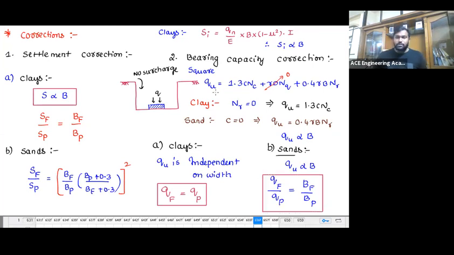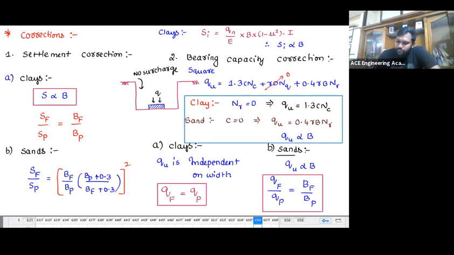So if you observe, bearing capacity correction: in the case of clays, N gamma is equal to 0 and qu is independent of width. And in the case of sands, c is 0, so qu is directly proportional to width. Hope you understood.